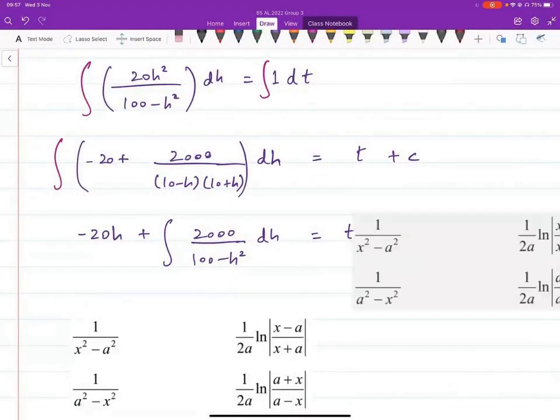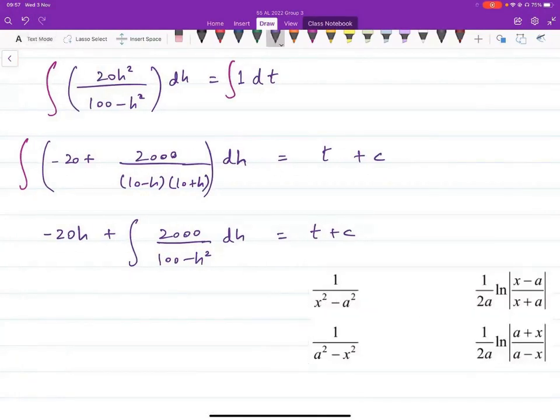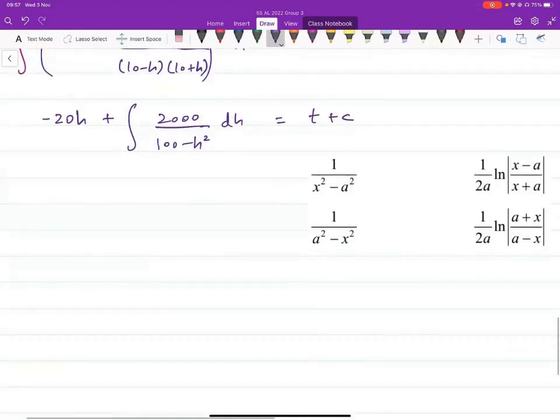It will work if you use partial fractions. उससे भी आपसे हो जाएगा, but you'll have to do some working for that. You can do this directly like this. It's this form, or in fact the second form, some constant minus x square.